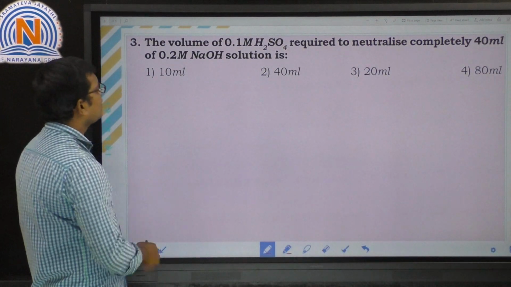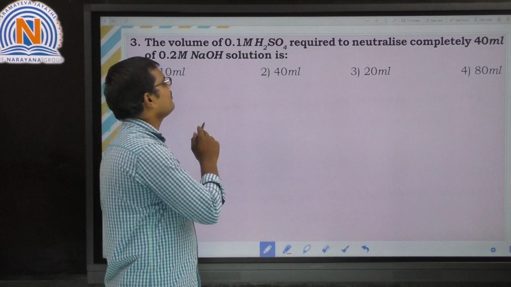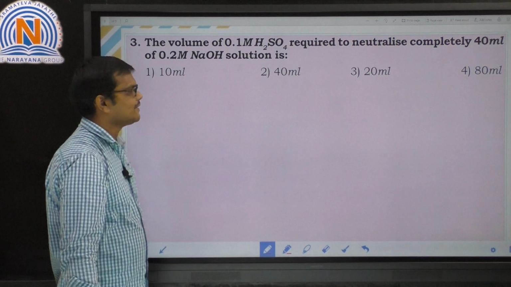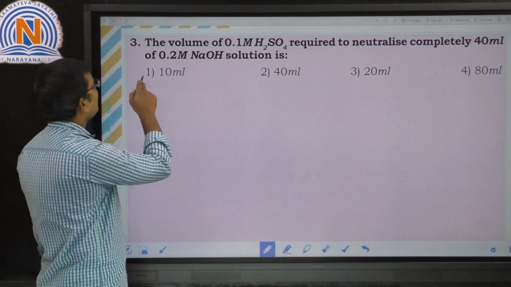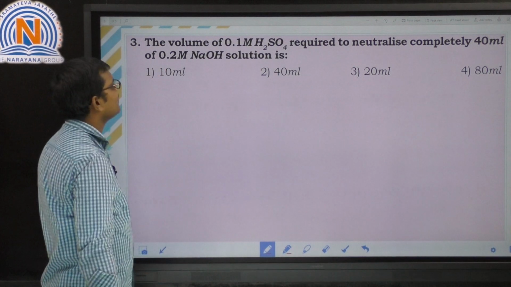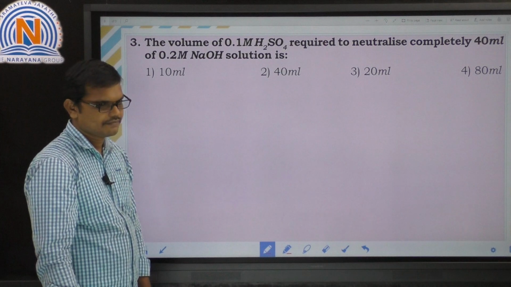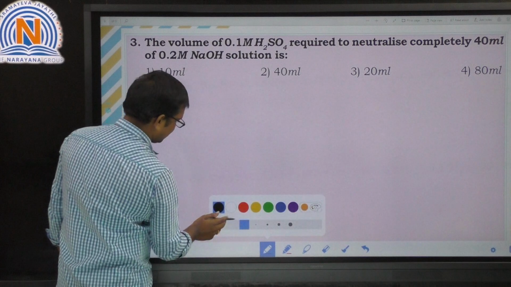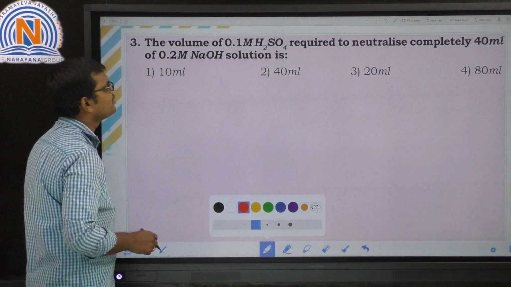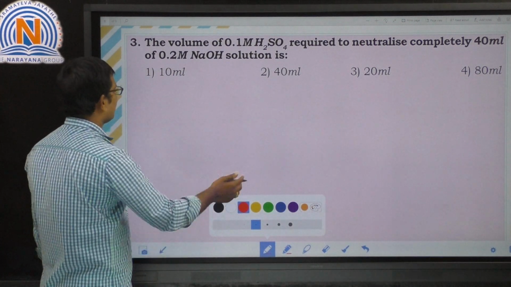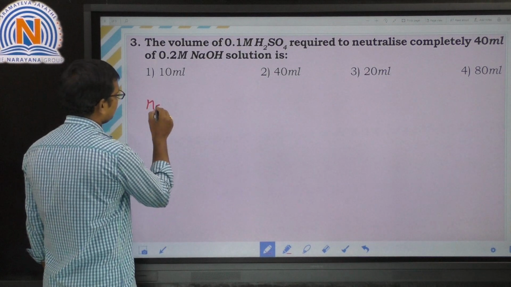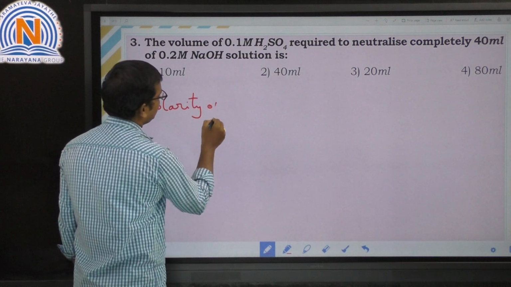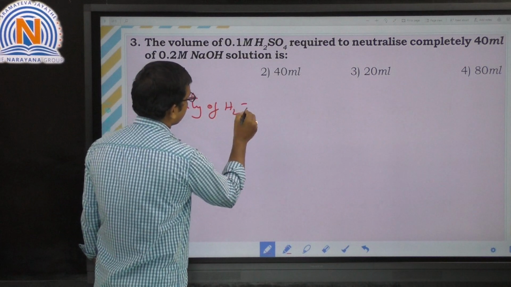See, the volume of 0.1 molarity of H2SO4 required to neutralize completely 40 ml of 0.2 molarity of NaOH solution is. So what is the given information? The molarity of H2SO4 is given.